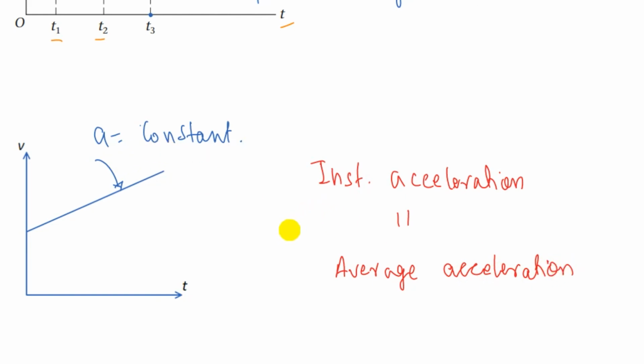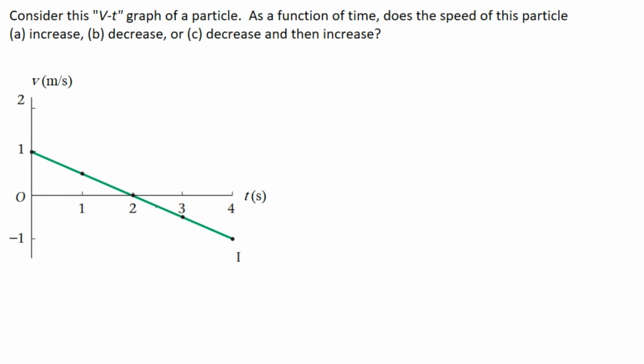Now we can get back to the question that I discussed in the starting of the video. So this was the question that I discussed in the starting of the video. Now we have discussed earlier that speed is the magnitude of velocity. Now you see that velocity is decreasing from time t equals 0 to t equals 2.